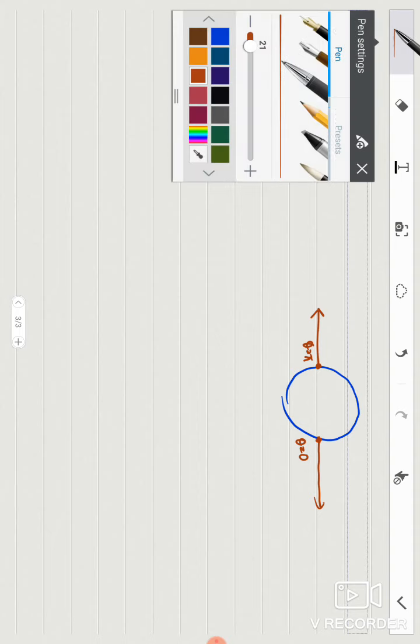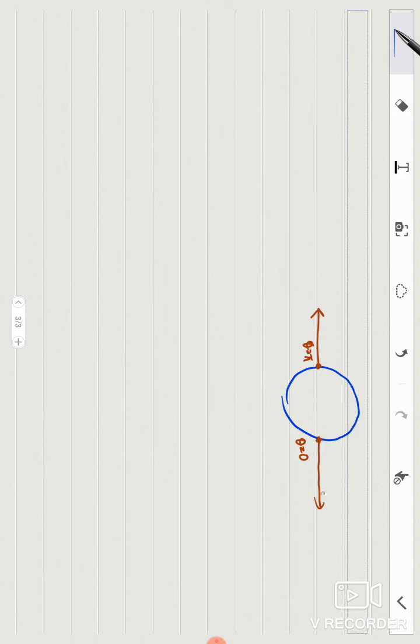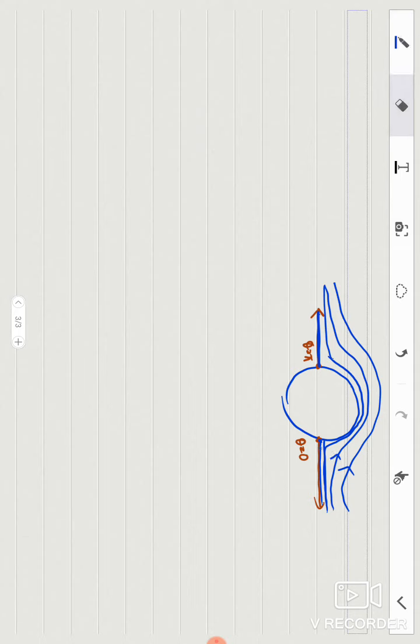So along these lines, this is actually the stagnation streamline and this will be the flow line.